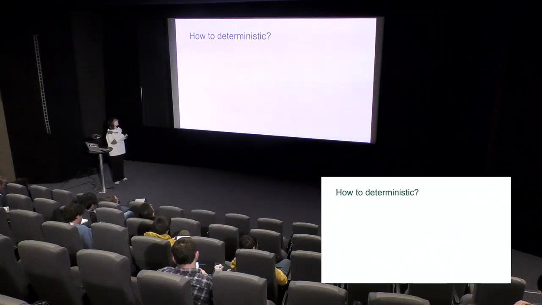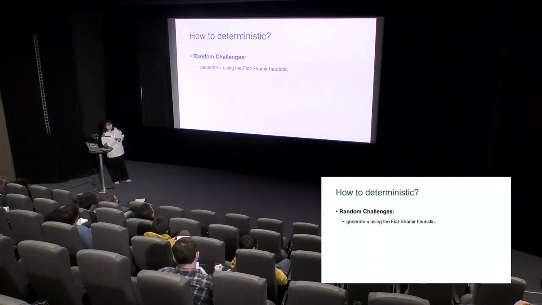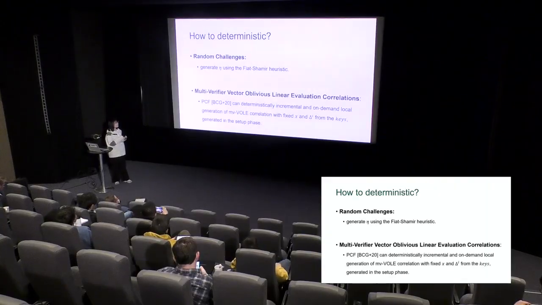So the question is how to make it deterministic. Instead of sampling random challenges, we let the parties generate challenges using the Fiat-Shamir heuristic. We use authenticated random values for each multiplication gate, so we apply the PCF function to derive them.